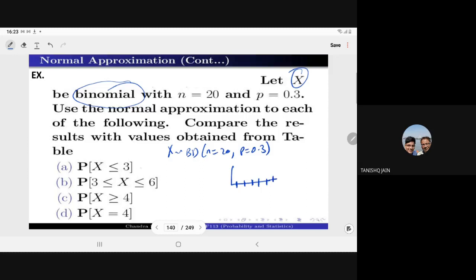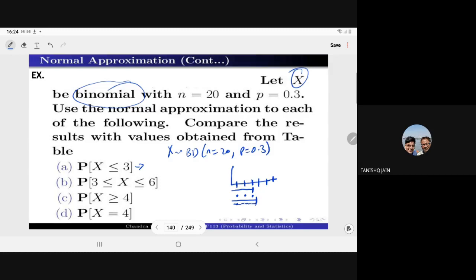So in the first part, we have to compute the probability up to this point, which means we have to compute the probability of this point, this point, this point. So this is the exact one. What we are doing is approximating by adding the half unit correction, subtracting, adding, subtracting, adding.